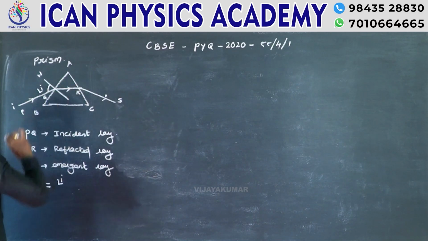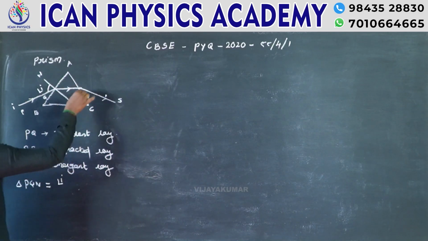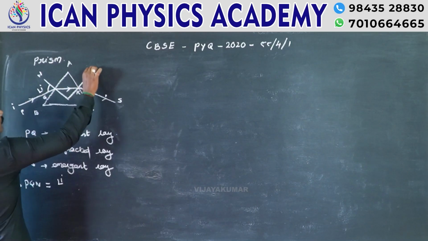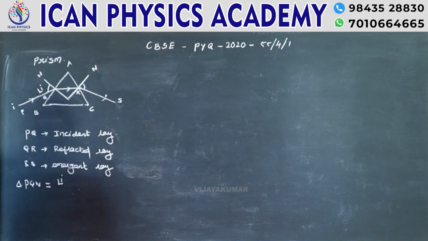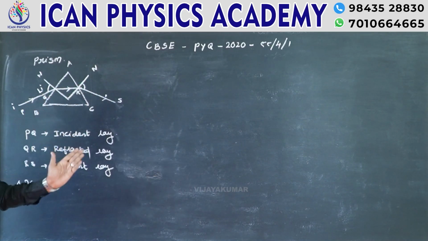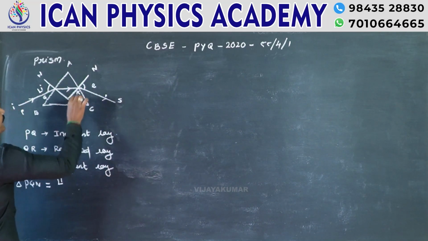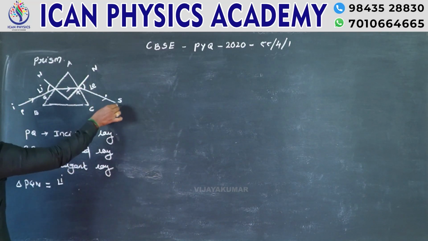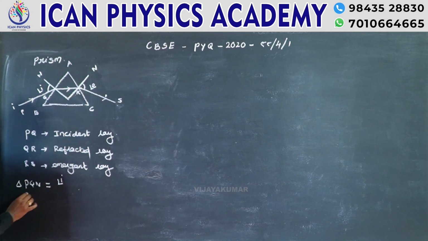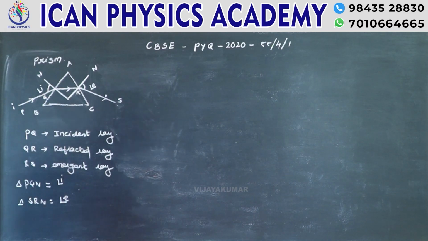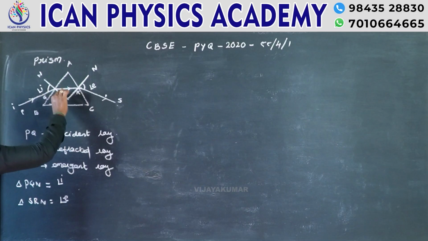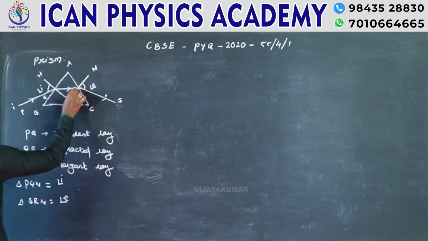At this point R, we can draw a normal. The ray which comes out is the emergent ray. So the angle of emergence is SRN, which makes an angle of E. Now this is the normal and this is the refracted ray.